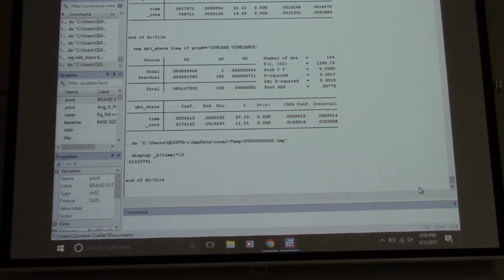Any questions? So all we've done is generate graphs. I think what I want to do is have you do this in Stata.